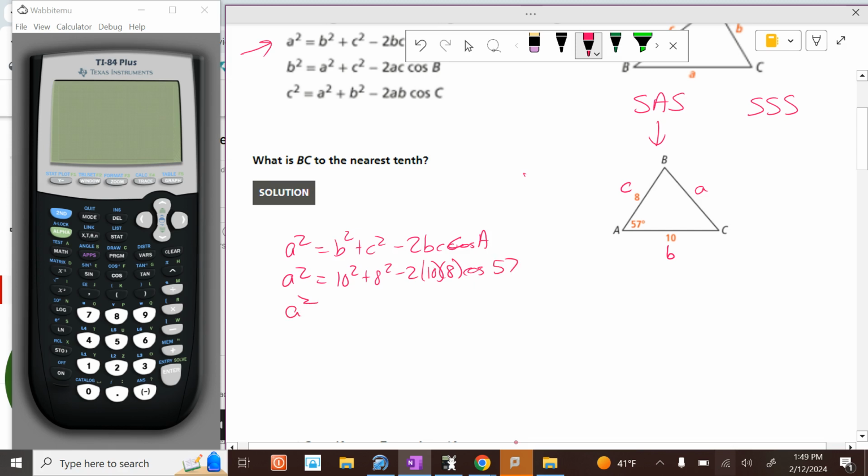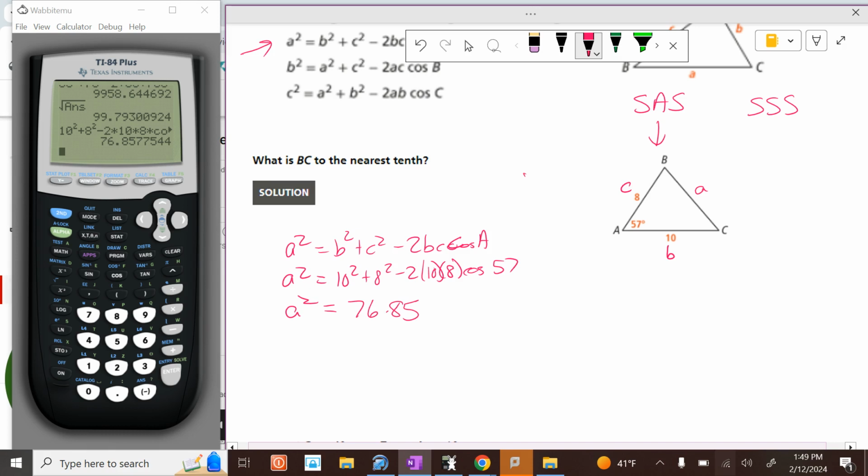Now, to do this, we need our calculators. So I'll take 10 squared plus 8 squared minus 2 times 10 times 8 times the cosine of 57 degrees. And when I push equals, I get 76.85.